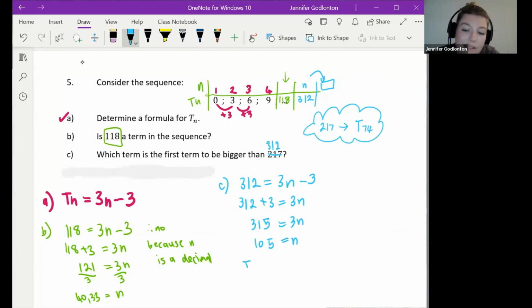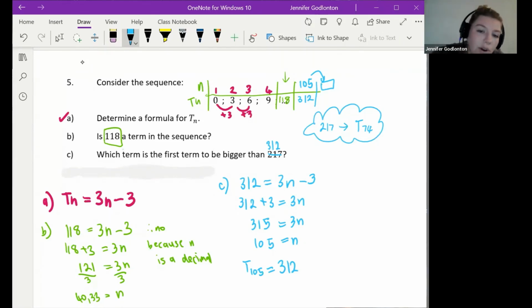Okay, so that's saying that term 105 is equal to 312. The answer for term 105 is 312.